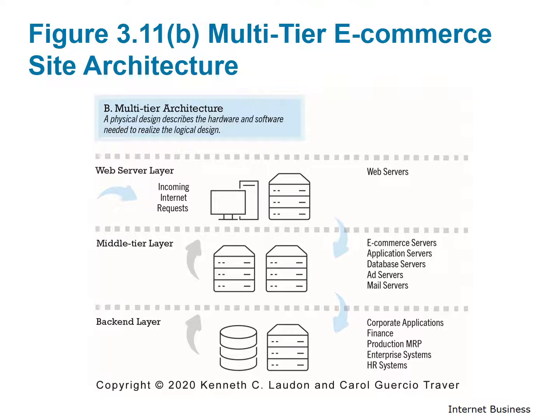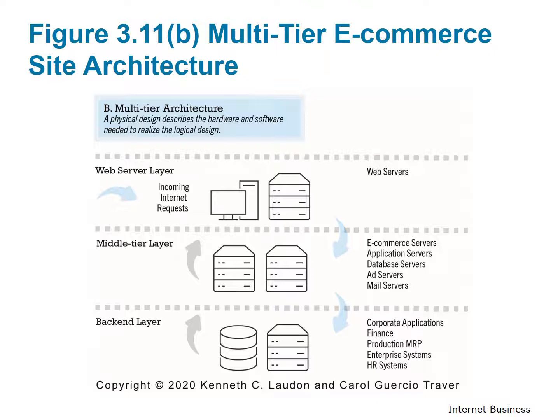An image illustrates multi-tier architecture. In a multi-tier architecture, there are three layers. The web server layer consists of web servers that receive incoming internet requests. The middle tier layer consists of e-commerce server, application server, database server, ad server, and mail server.